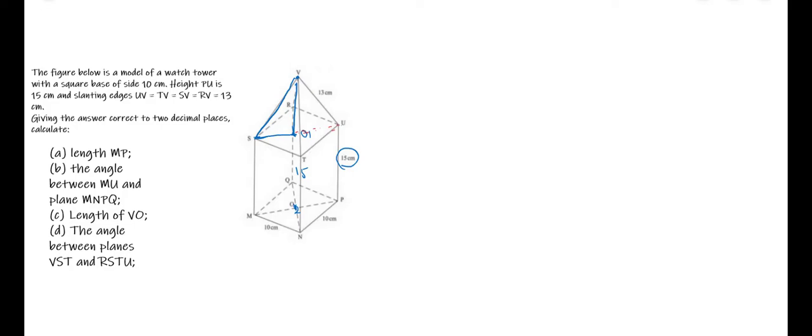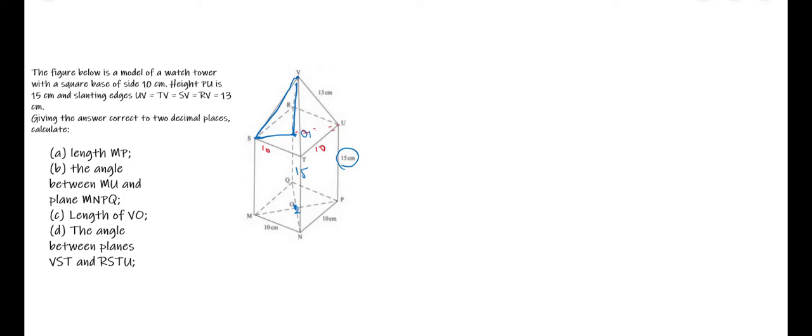Now remember that we are told that the base is a square, which means also the top is also a square. This is also 10, 10. Now in part A of this question, we have found SU, which is the same as MP, and that was 14.14.